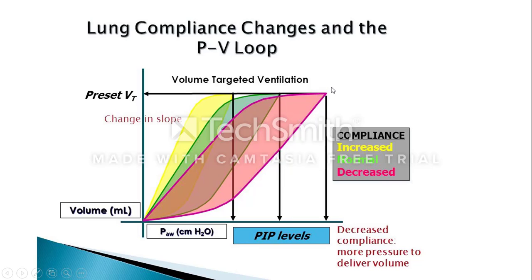As you can see, this would be the PIP for the patient with the low compliance versus the PIP for the patient with normal compliance. And then the opposite is true for patients that have increased compliance. The PIP is less, it takes less pressure to deliver the same amount of volume.